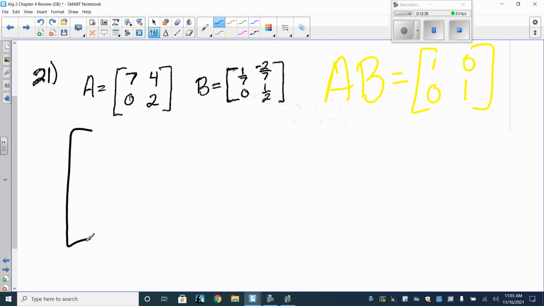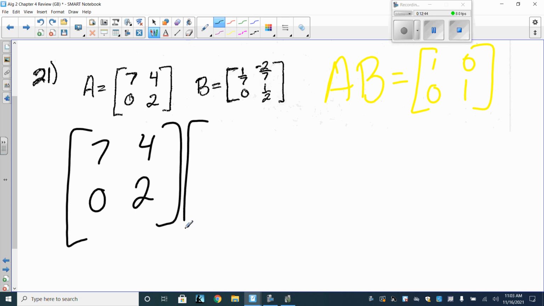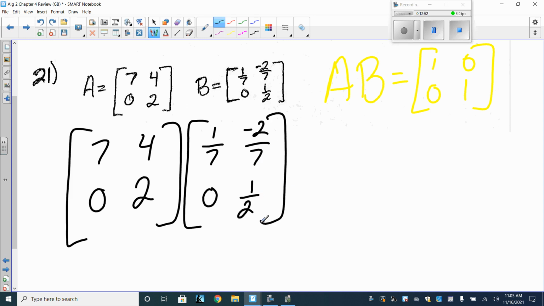Now I'll go on and do this one by hand. 7, 4, 0, 2 times the second matrix. And if we get the identity matrix, then they are inverses. Now if we did this by hand, we would go over and down. Our first number would be 7 times 1/7, which is 1. 4 times 0 is 0, so we have 1 plus 0.